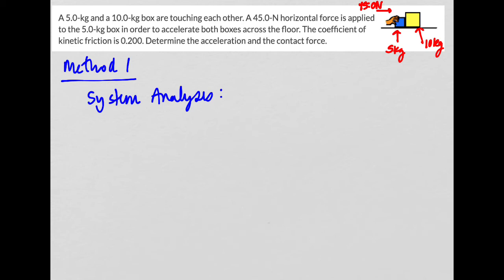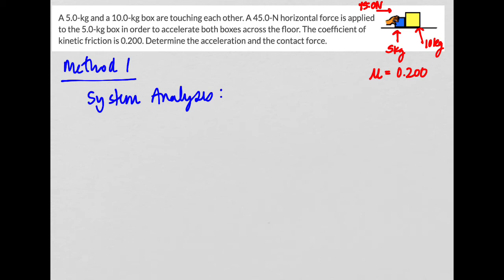But now we have the coefficient of kinetic friction, or just friction. Remember, mu is equal to 0.200. That's the coefficient of friction. It doesn't have any units, it's just a constant. So when the question gives a coefficient of friction, that means we have to take friction into consideration, okay?